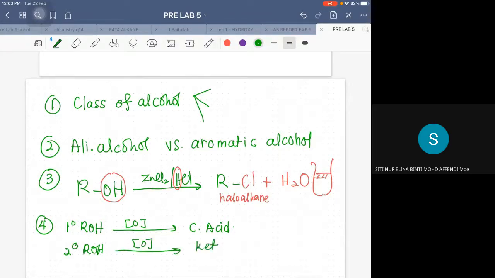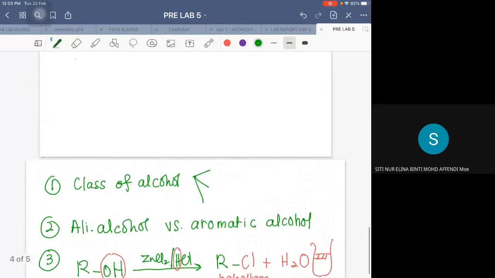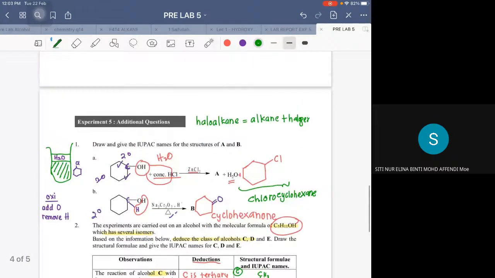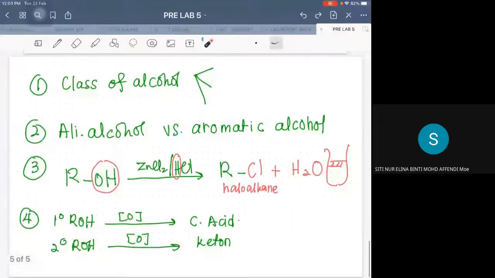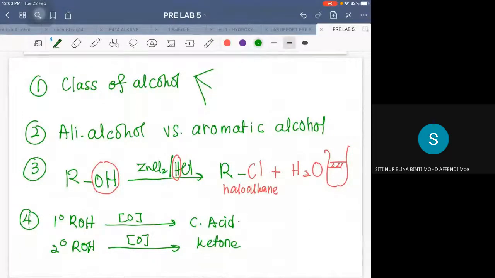Ketone. Okay, memang fix produk dia, kita akan dapat oxidation of secondary alcohol akan dapat ketone. Okay, while tertiary alcohol bila oxidize tak ada, sebab dia tak boleh oxidize.